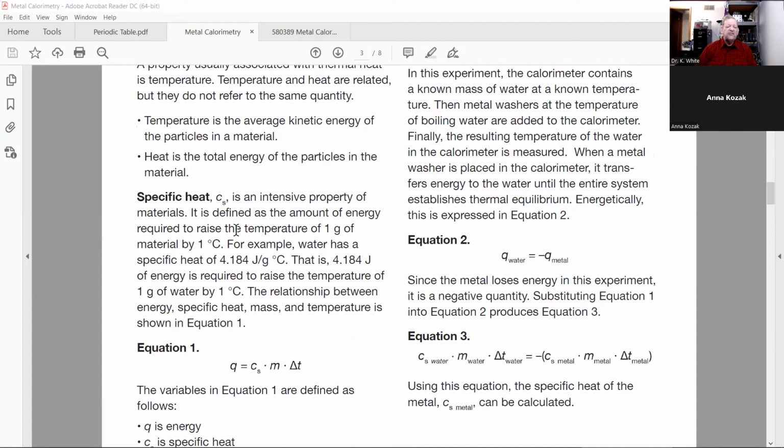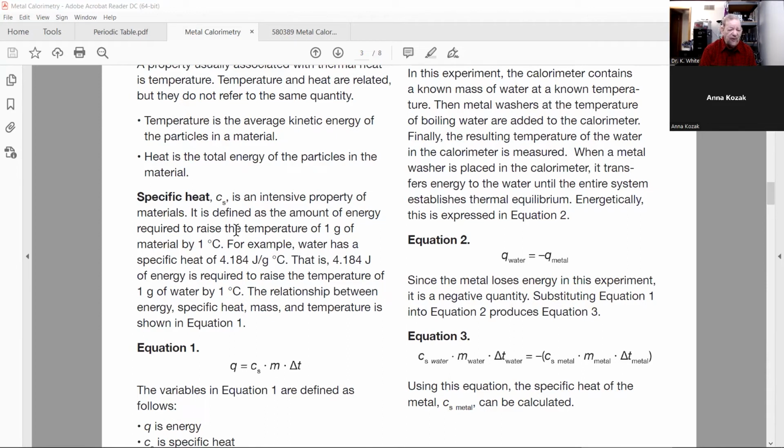Now, there's a concept called specific heat. And this is a property of materials. Water has specific heat. Today, you'll determine the specific heat of a metal ring. I think it's steel. And there are different units.